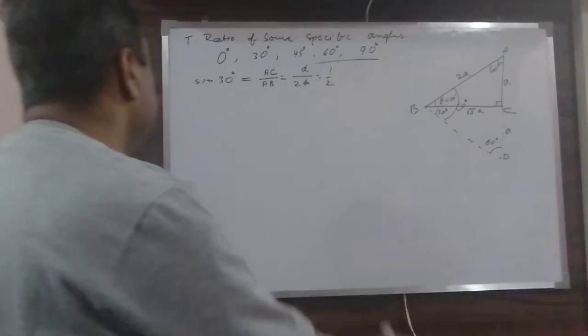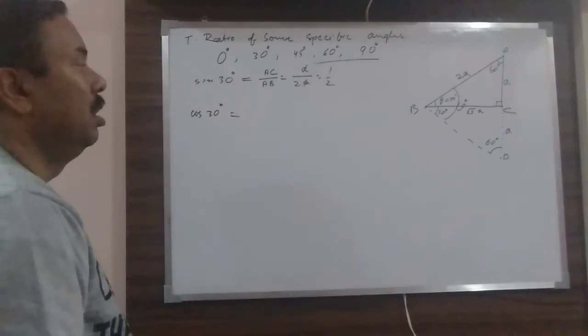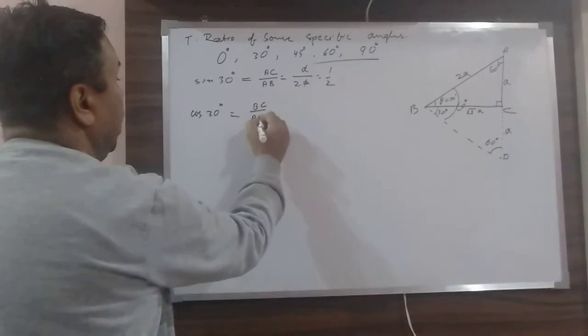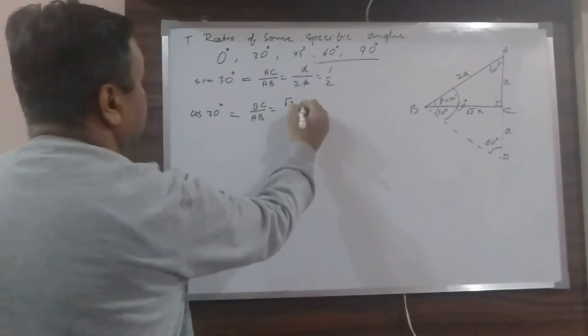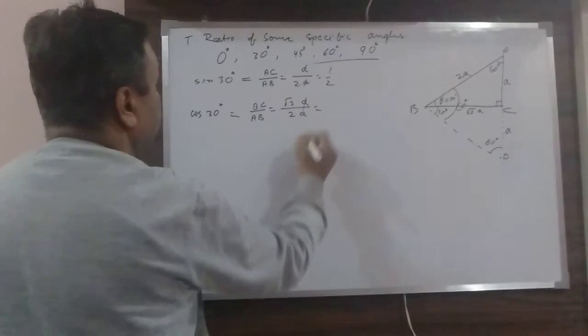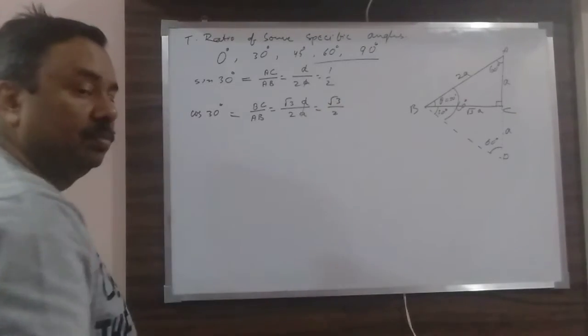Similarly, cos 30 degree, it is BC over AB. BC is root 3A divided by AB, which is 2A. Now again A cancelled, so it is square root of 3 divided by 2.